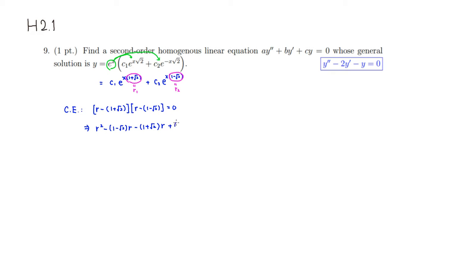So it's going to be 1 squared minus square root of 2 squared. So it's going to be negative 1. Alright, so this is going to be equal to 0.